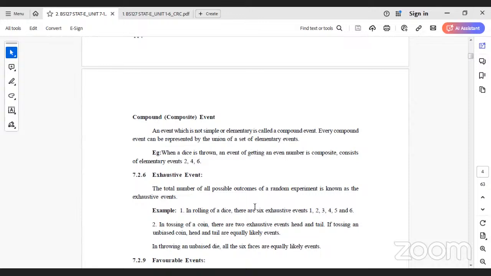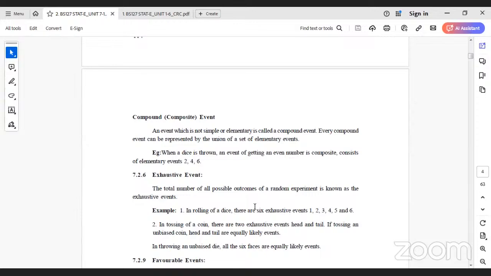Exhaustive events: the total number of possible outcomes of a random experiment are known as exhaustive events. In rolling a die, there are six exhaustive events: 1, 2, 3, 4, 5 and 6. In tossing a coin, there are 2 exhaustive events, head and tail.